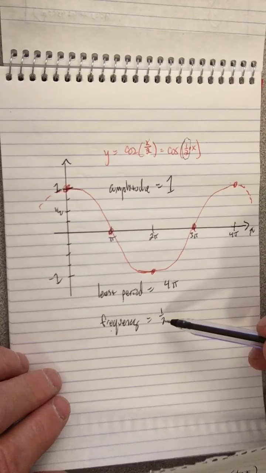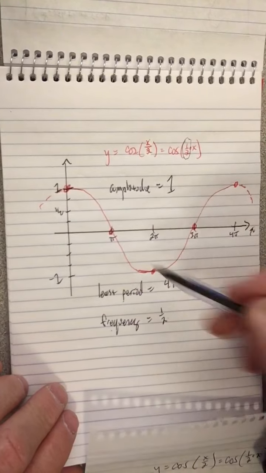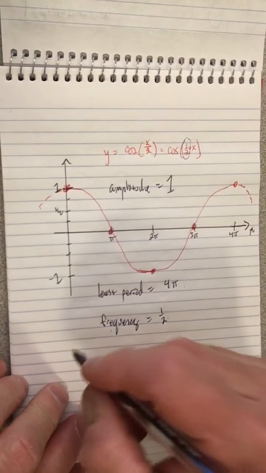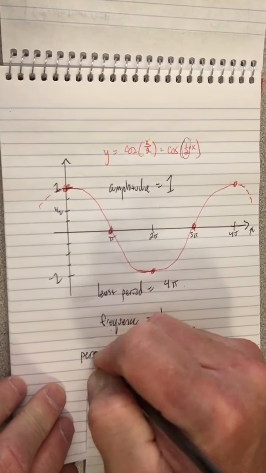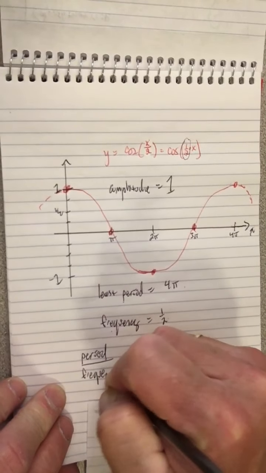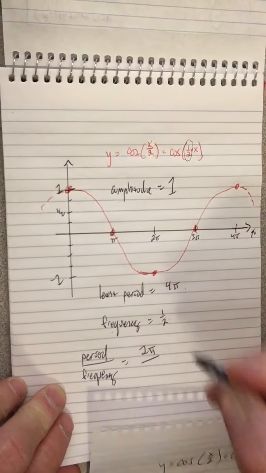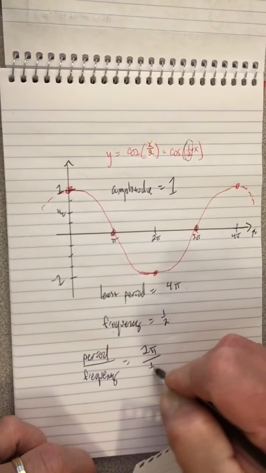Now, how would I get to this period if I didn't have it graphed? If I was just looking at this, well, you would take the normal period and divide it by the frequency coefficient. So the normal period is 2 pi, and I divide it by the frequency, which is 1/2.